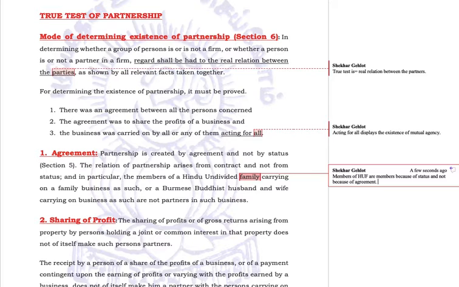A family stays together. So when we are part of a family, we are not in a partnership. Only when people come together out of an agreement can they set up a partnership, otherwise not.